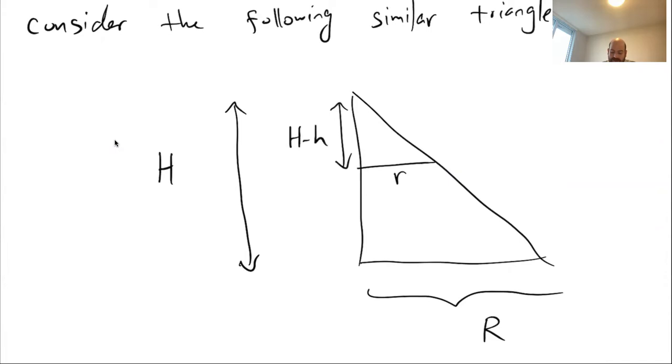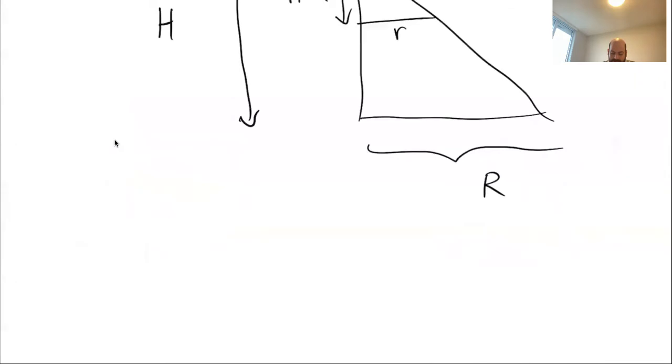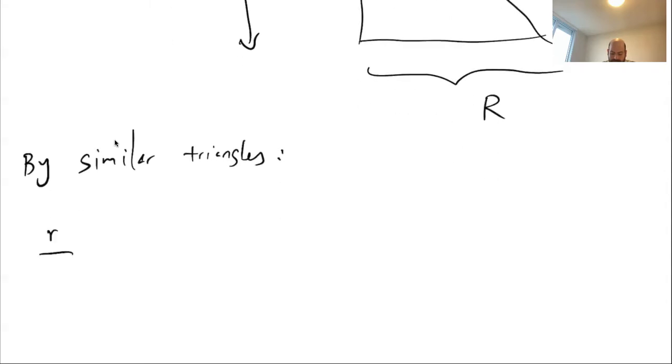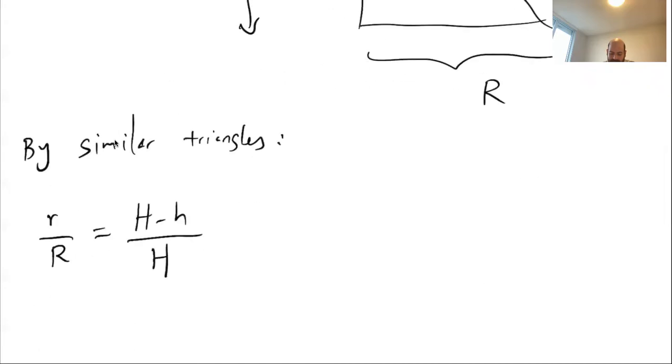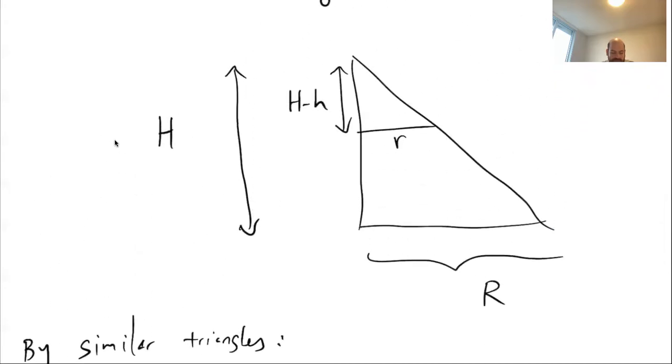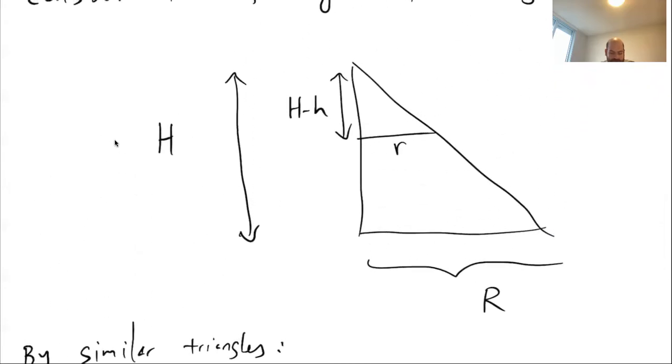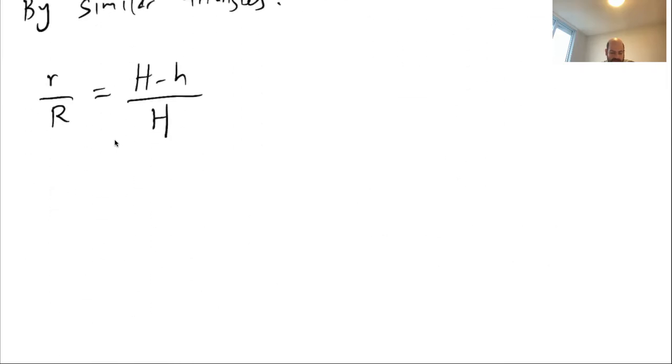Now these triangles are similar, so the ratio of corresponding sides are the same. So by similar triangles, small r over capital R is the same as capital H minus small h over capital H.